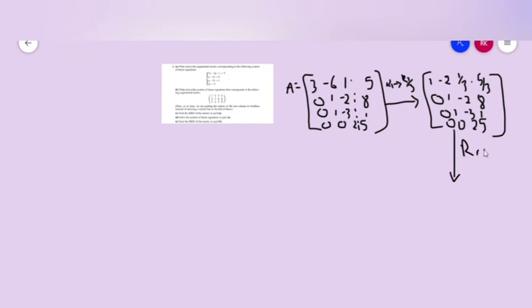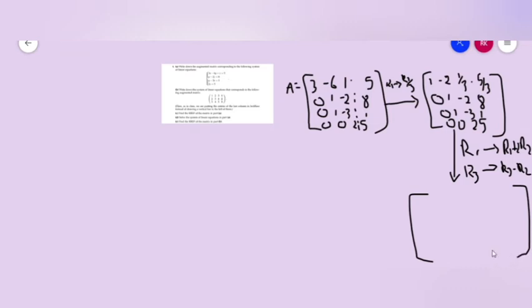R1 changes to R1 plus 2R2. Also here in R3, we are going to eliminate this one, so R3 goes to R3 minus R2.